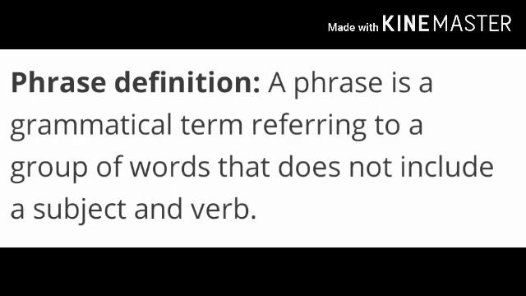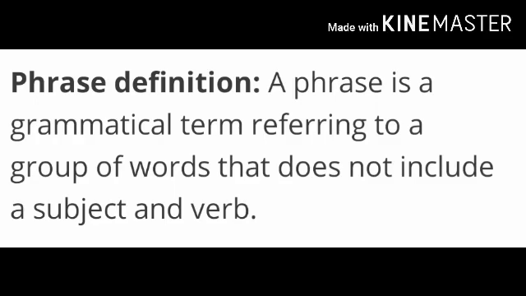As I have already told you many times, a group of letters makes a word, a group of words makes a sentence, and what is this group of words? Now it is saying that a phrase is a grammatical term.